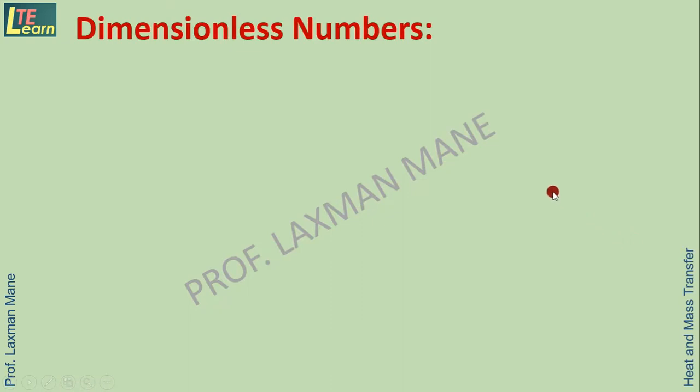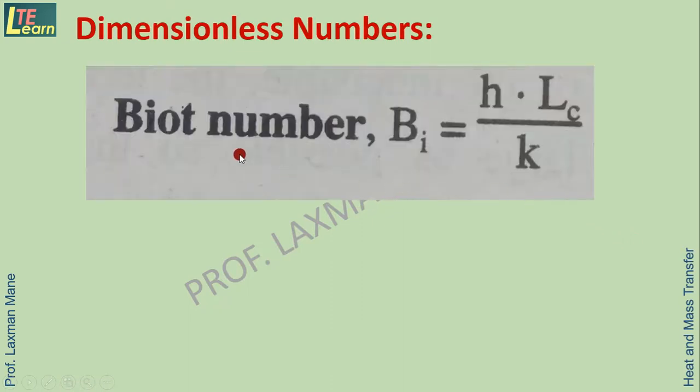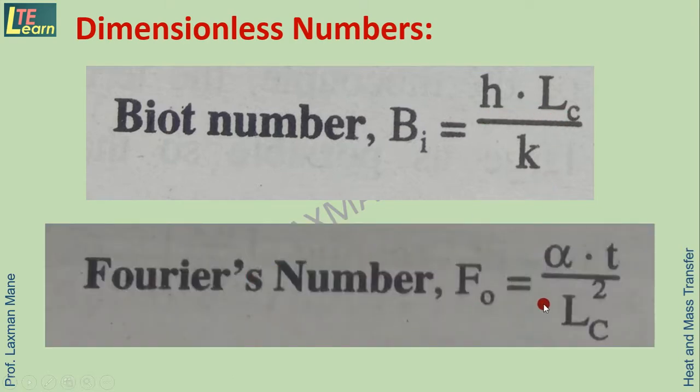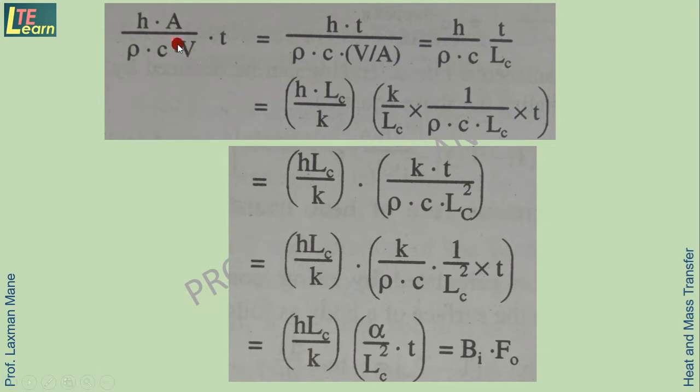So here are some dimensionless numbers. The Biot number is equal to h into Lc upon k. The Fourier number is alpha t upon L square. Now here, hA upon ρ C V t, arranging the equation in this way, V by A is the characteristic length.